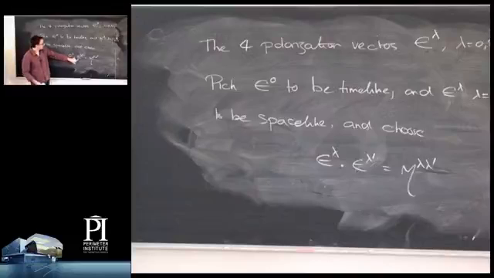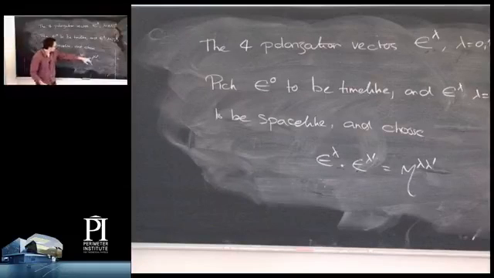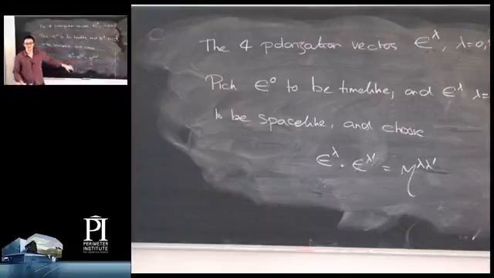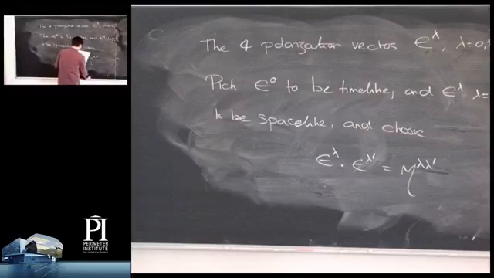You dot them because they're each four vectors, and so these sets of vectors are orthonormal in this sense. Okay. Sorry, that's really muddled.